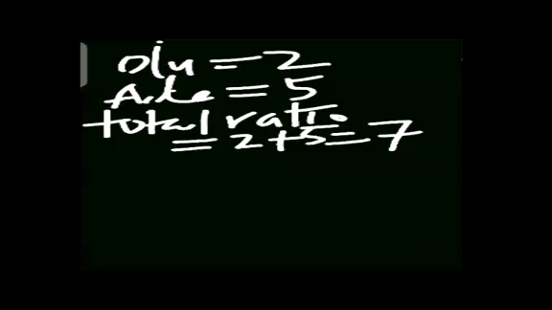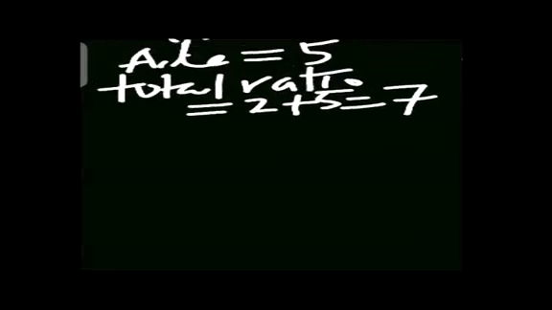Then let's now look at the share of these people, that is Ade and Olu. If the total ratio is that, then what is Olu's share?